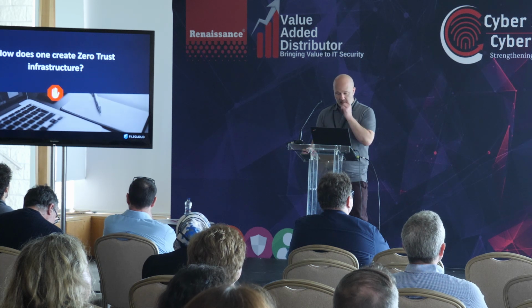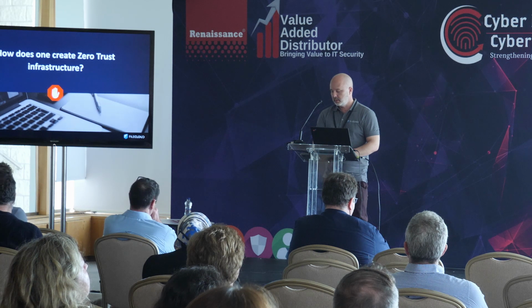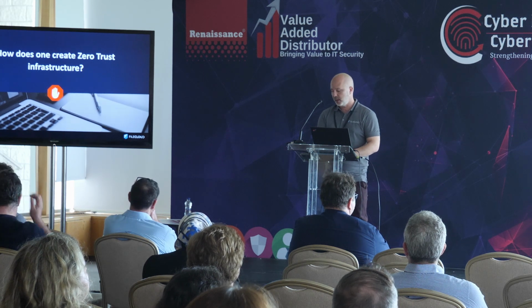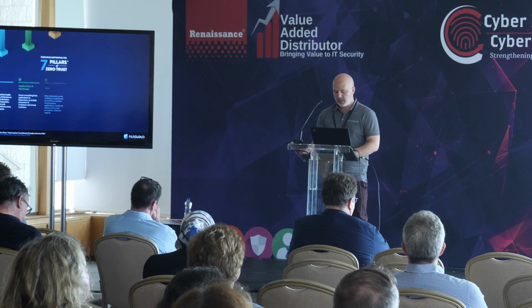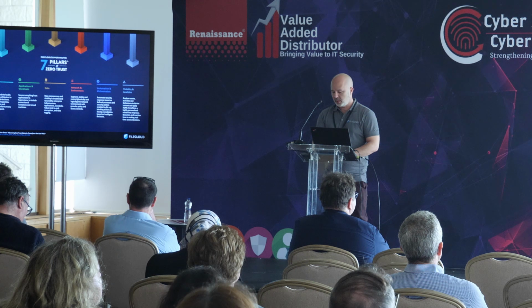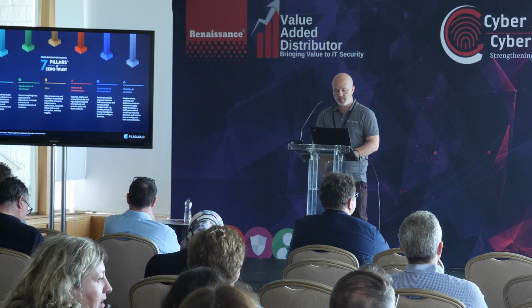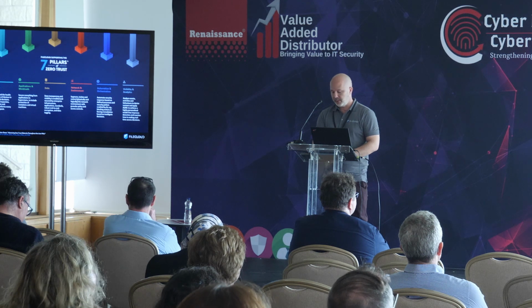So how does one go about creating a zero trust infrastructure that supports seamless and secure file sharing and collaboration? Going back to that NSA document on advancing zero trust maturity throughout the user pillar, we find these 7 pillars of zero trust.